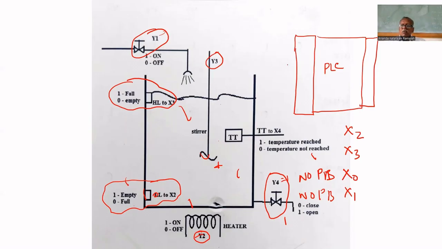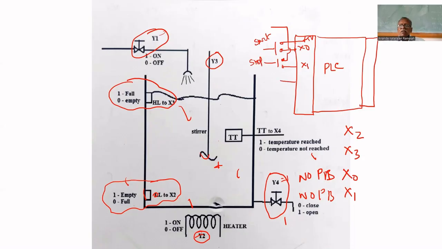Okay, so now we have to do the hardware wiring. A push button is required to turn on, connected to plus 5 volt and X0. This is to start. Another push button is connected to X1, to stop.